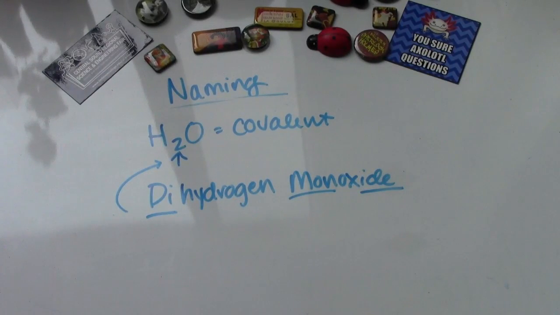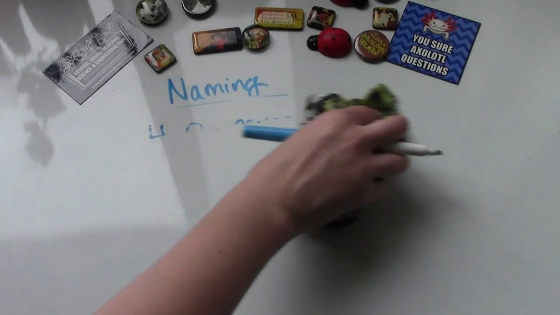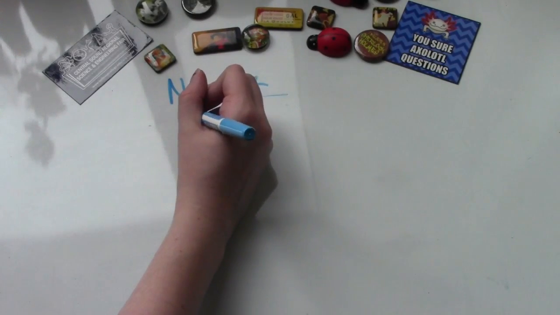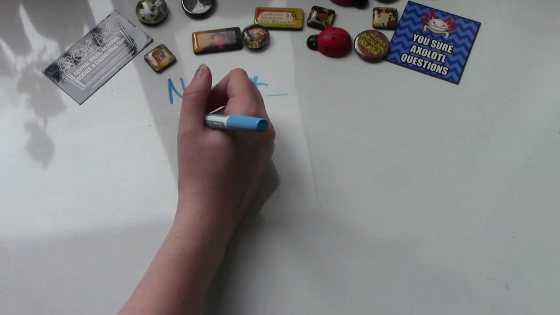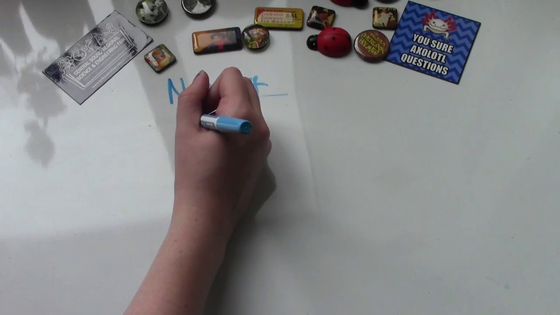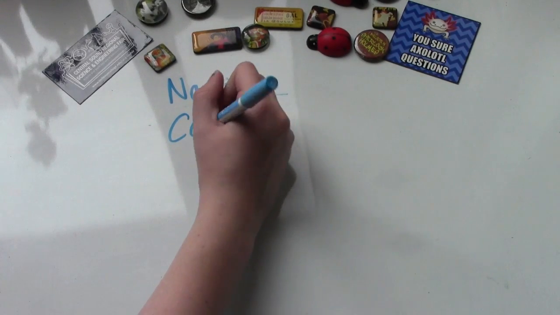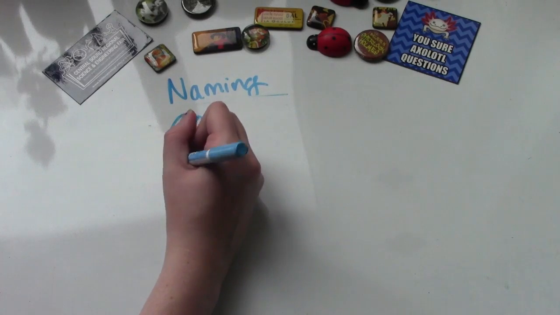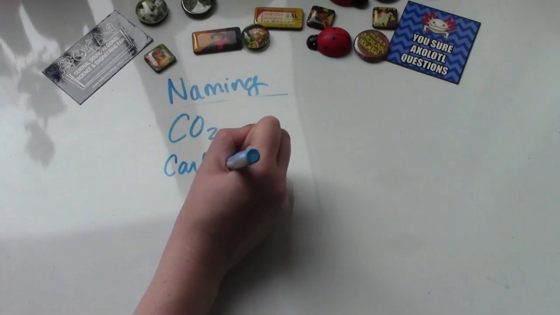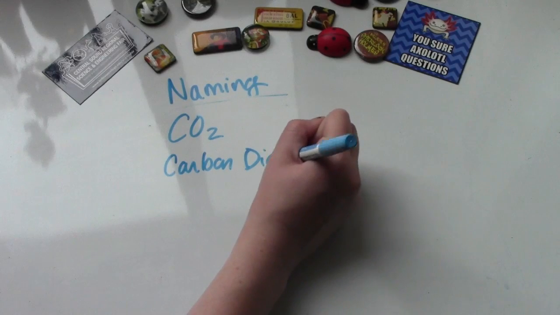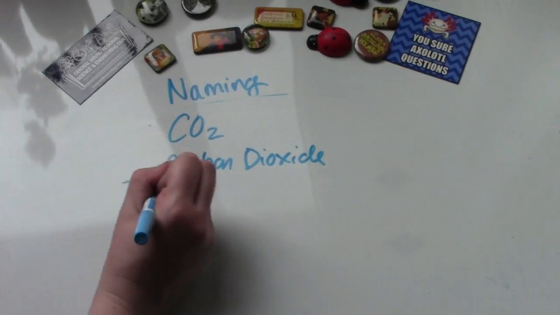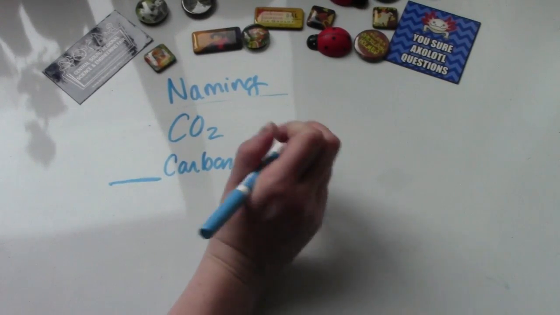If we were to do something like CO2, we usually call that carbon dioxide, right? So that mono isn't there. The mono really is only added on this side of the equation.